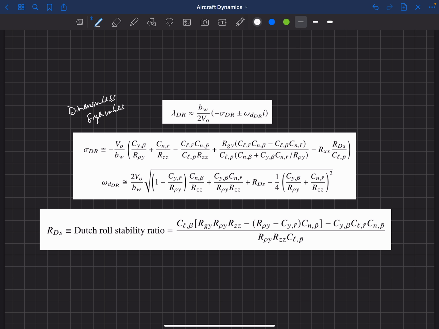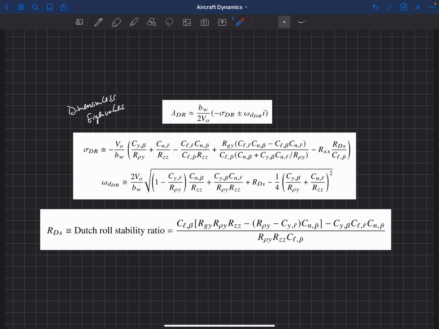And all I've done here is said that the dimensionless eigenvalue is some ratio here that makes it dimensionless multiplied by the dimensional damping rate and damped natural frequency. And the subscript dr here stands for Dutch roll. Okay, so this is the Dutch roll damping rate.